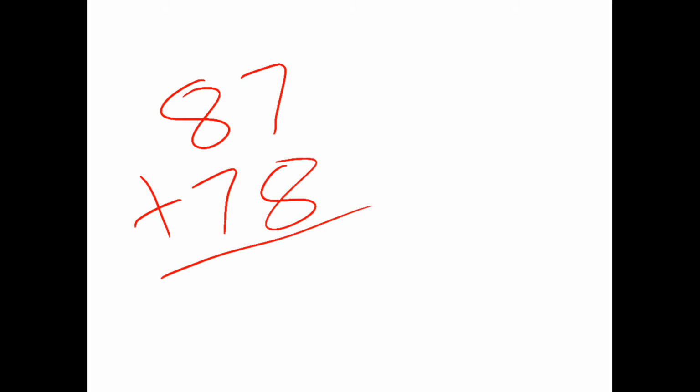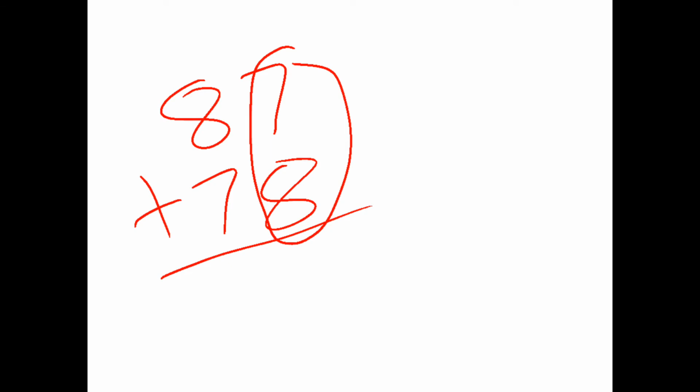So let us take the two numbers, 87 and 78. So you can see here the addition will start from the rightmost digits first.